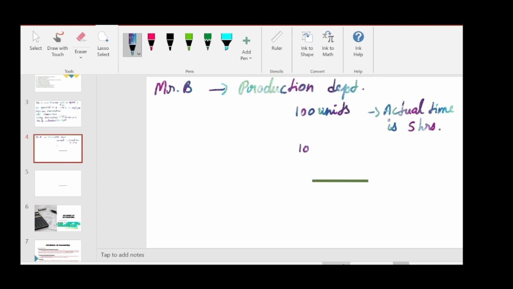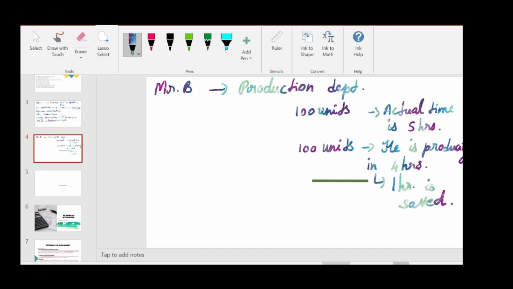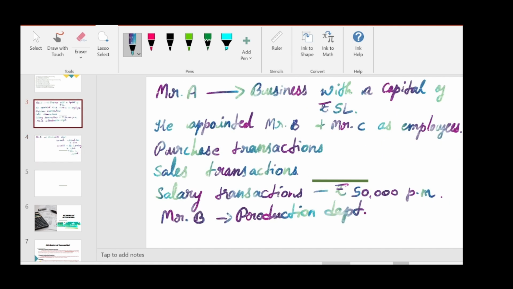But what he is doing is producing it in 4 hours. He is saving 1 hour. So yes guys, with this we will start the explanation.